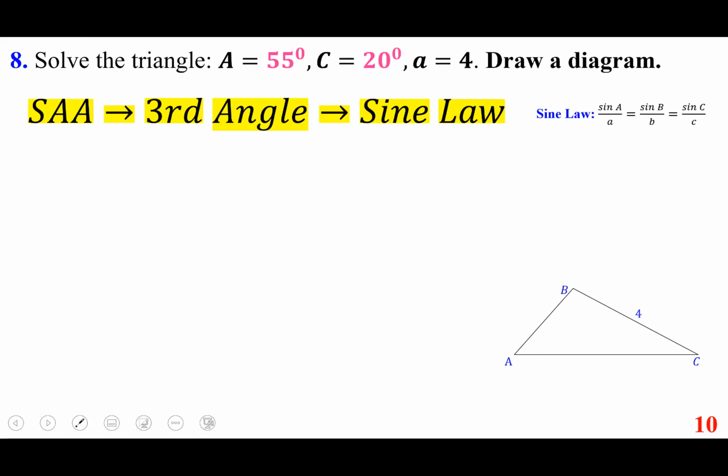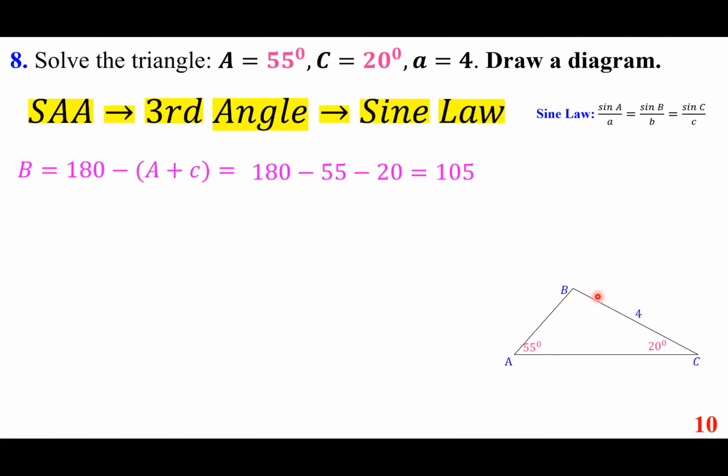So this is 55, this is 20, and therefore this can be found by adding them up and subtracting from 180 degrees. So we have all angles.